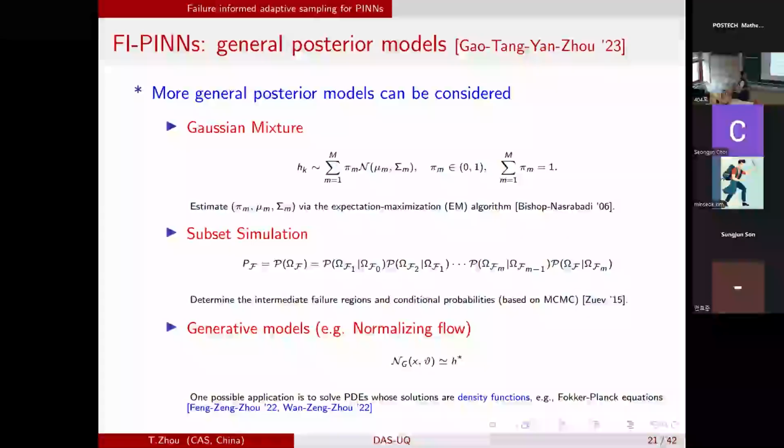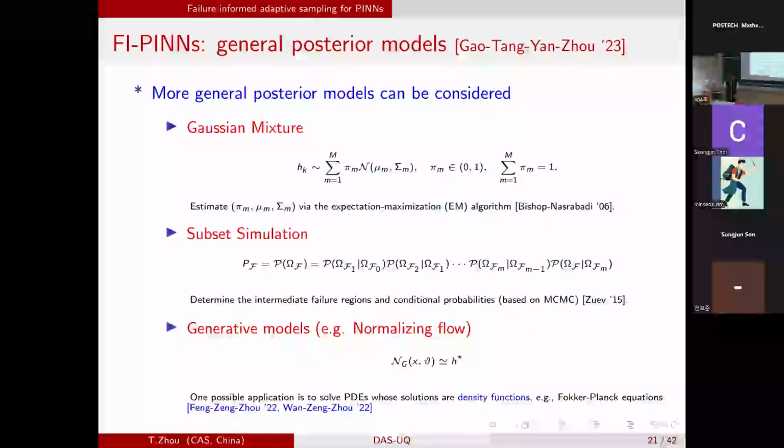But this can be used for some very special equations. Suppose that the solution for the equation is a density function. Suppose there are a lot of equations like this. The typical one is the Fokker-Planck equation. The solution itself is a density function. For that kind of equation, actually, you can directly model the solution with a generative model.